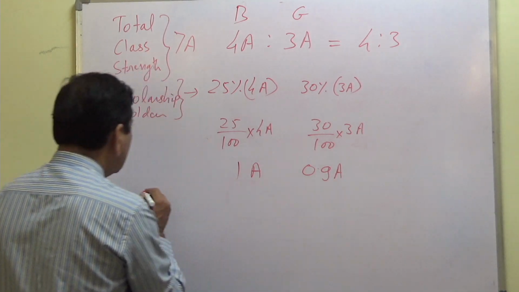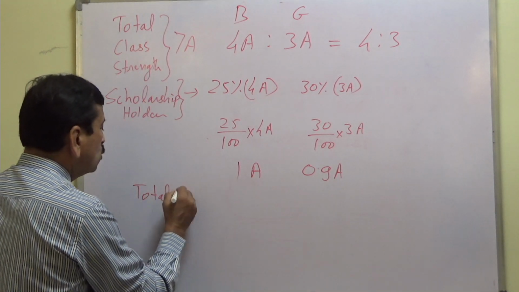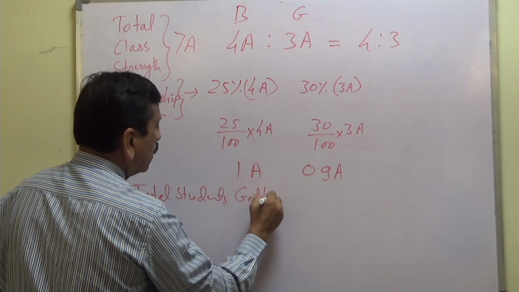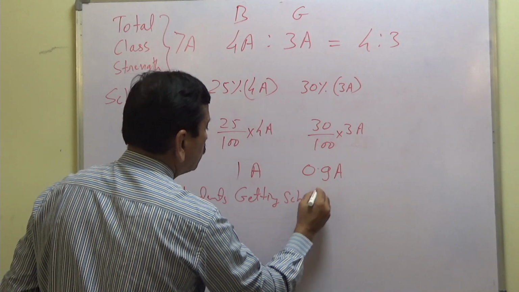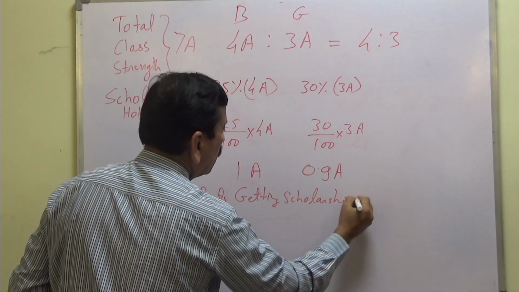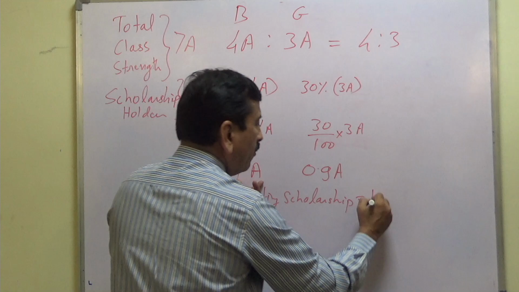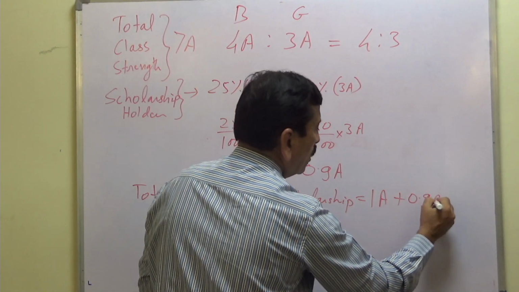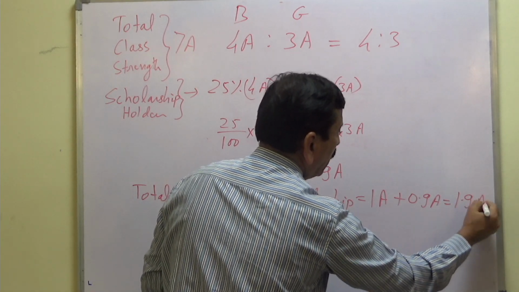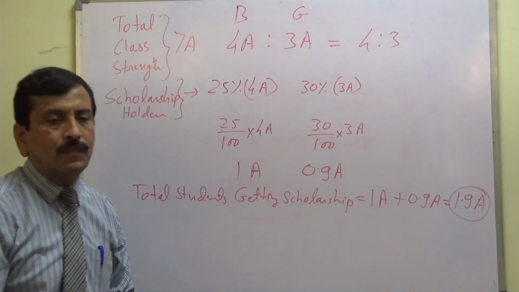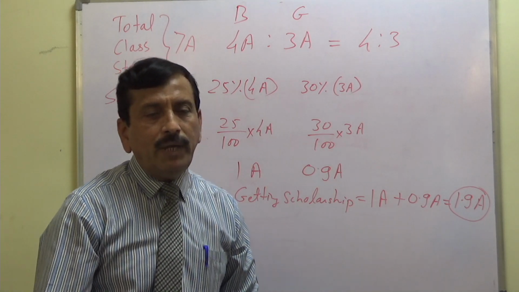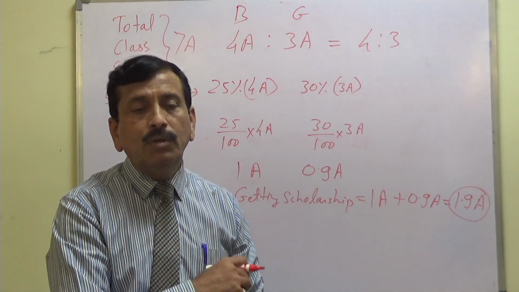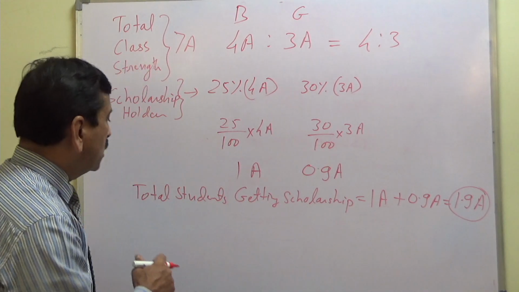So total students getting scholarship: from among boys 1A, from among girls 0.9A, is equal to 1.9A. Okay, and we want to know what percentage of the students do not get the scholarship.